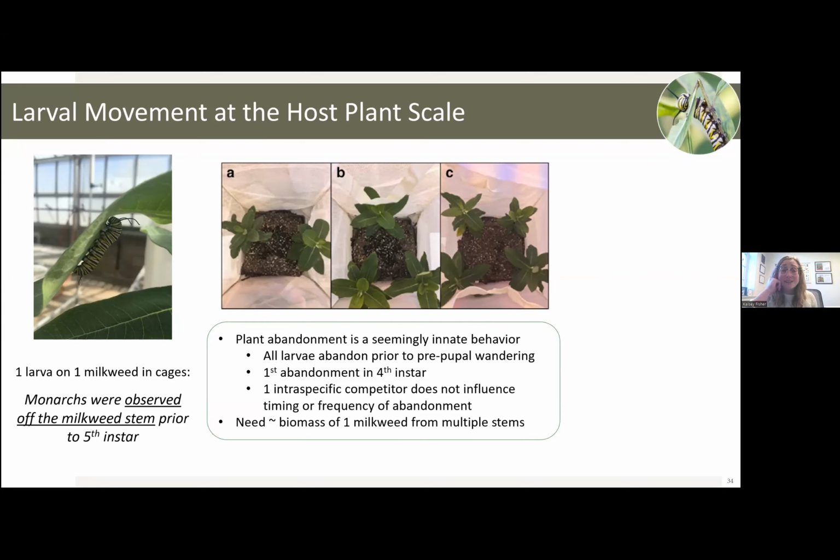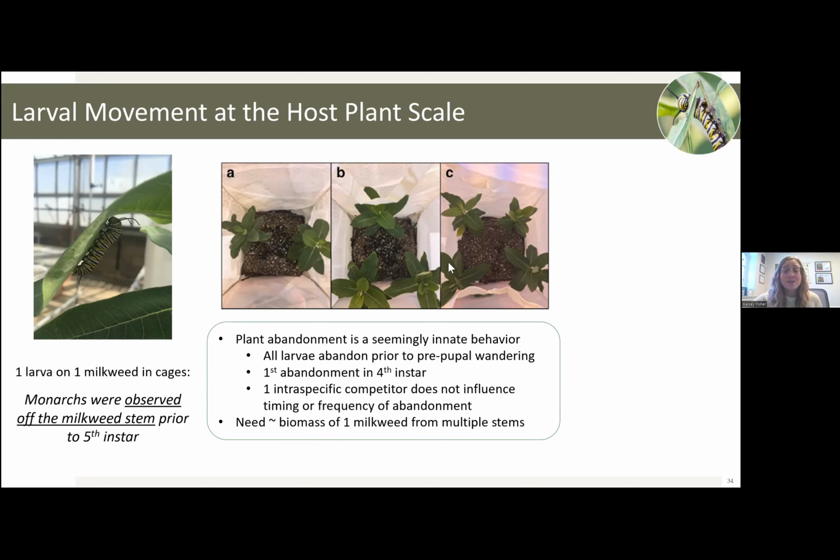And we started to see the same thing after they reached, so caterpillars grow incrementally, once they reached their fourth instar, meaning the fourth developmental stage of a caterpillar, they were on the side of the cage or the pyramid, or they were looking for something different. And that's not the time when the caterpillars will pupate. Caterpillars pupate after the fifth instar instead of after the fourth instar. So these caterpillars still needed to eat more food.